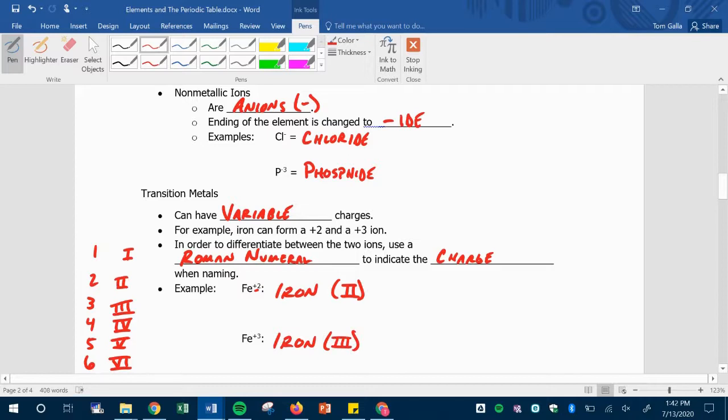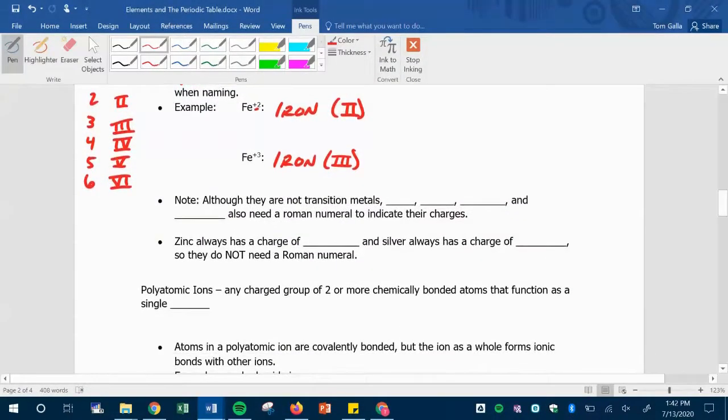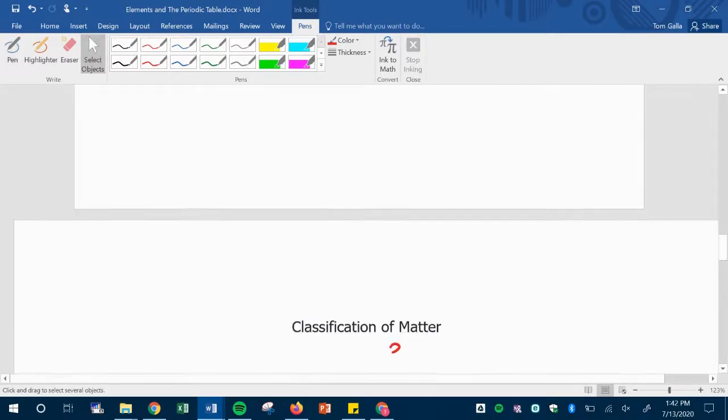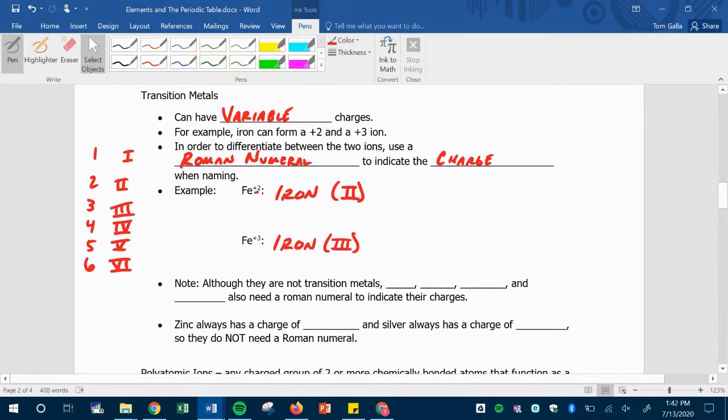And so this is how we have to label all of our transition metals in terms of their charges. Now, a couple of exceptions here: although these aren't considered transition metals, we include in our rules lead, which is Pb, tin, which is Sn, bismuth, which is Bi, and Sb, which is antimony.